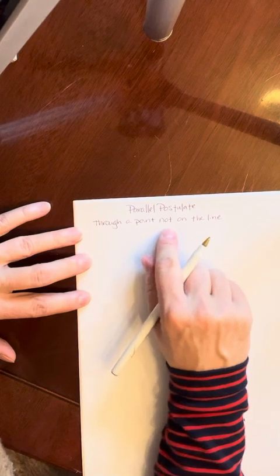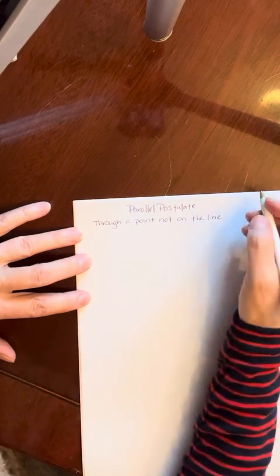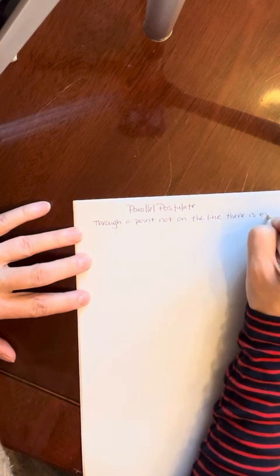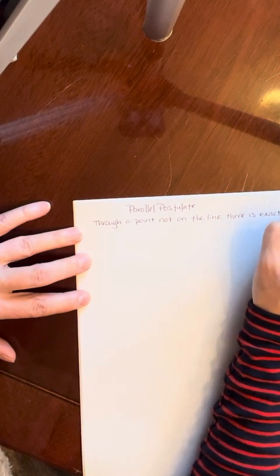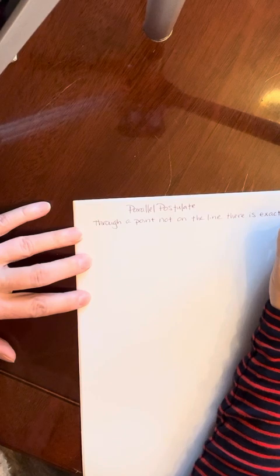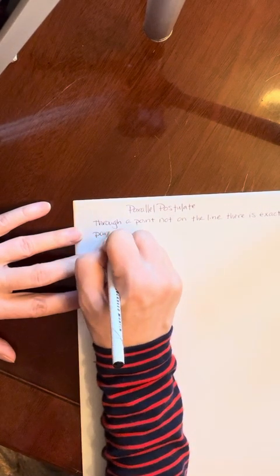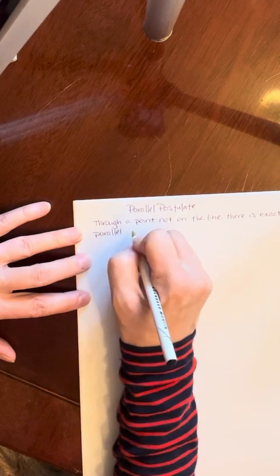So through a point not on the line, there is exactly one parallel to the given line.